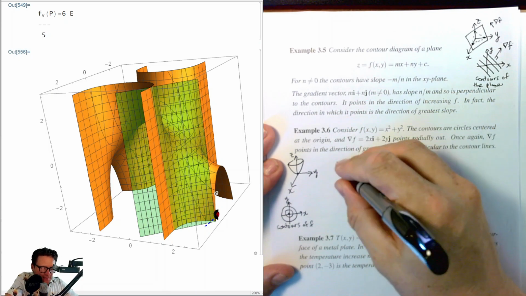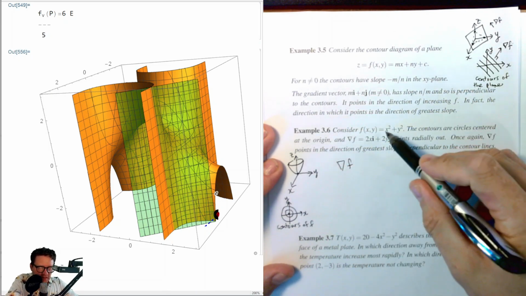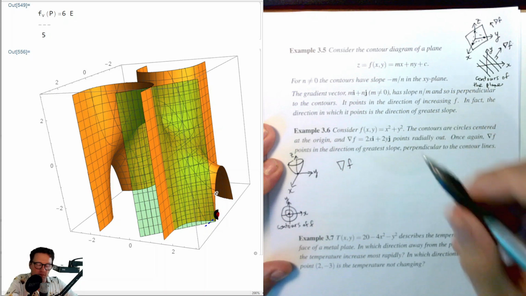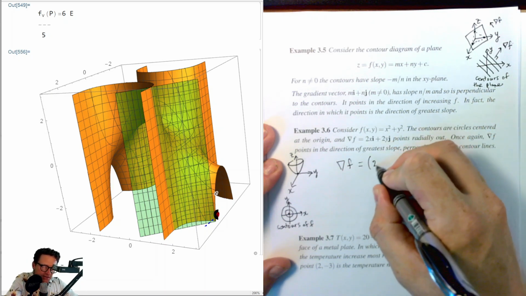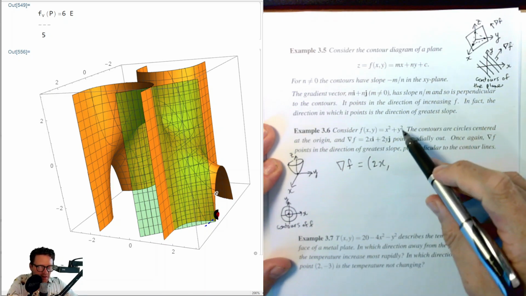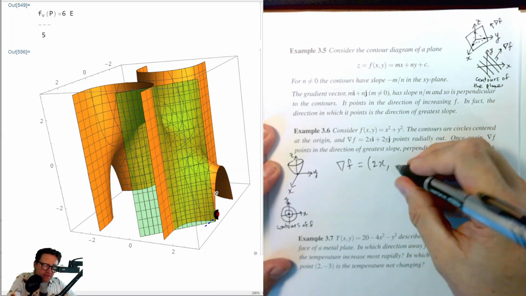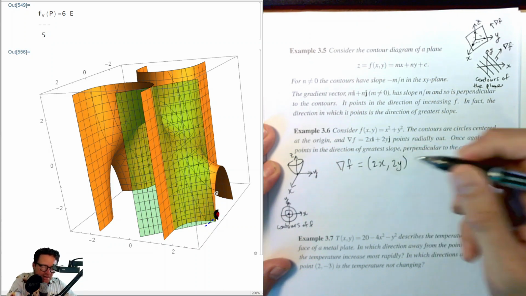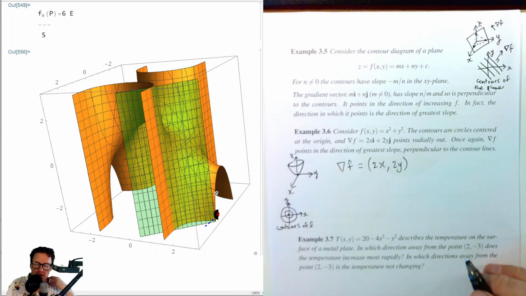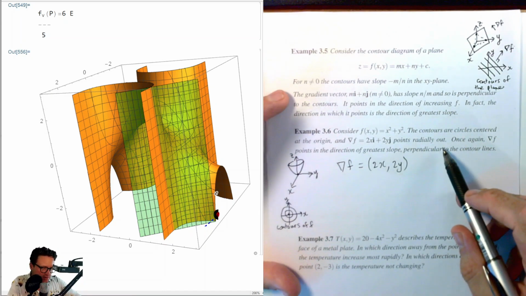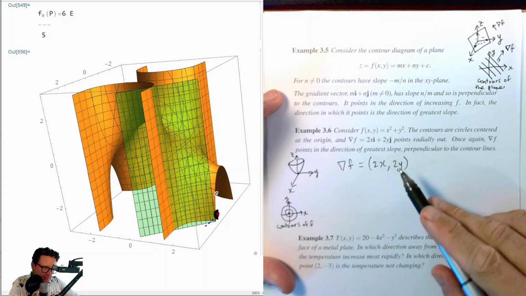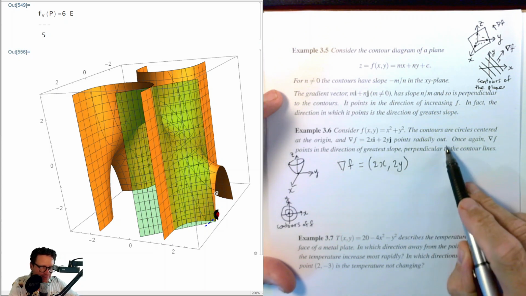And grad f, now just looking at this, differentiating this partially with respect to x, we get 2x, and then differentiating partially with respect to y gives 2y. So this is grad f. These vectors point radially out from the point x comma y.